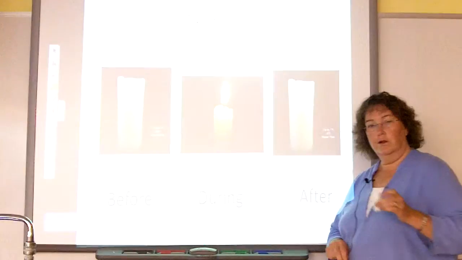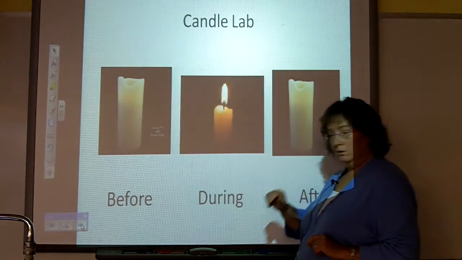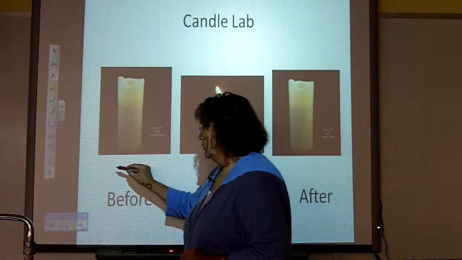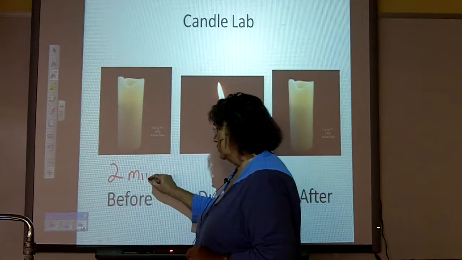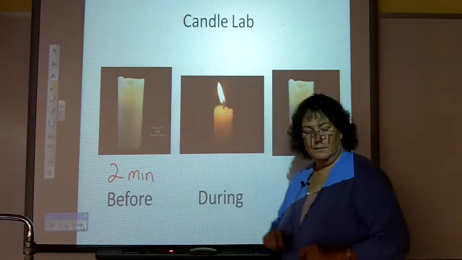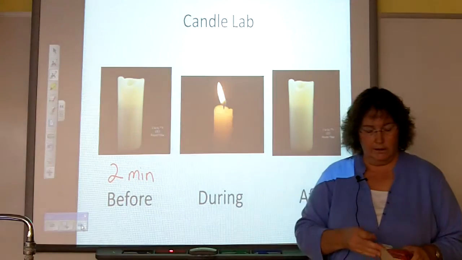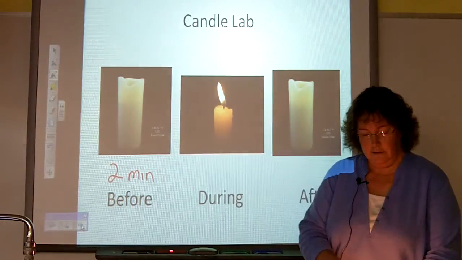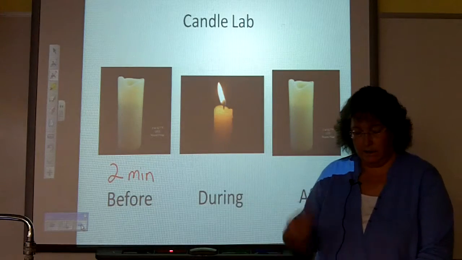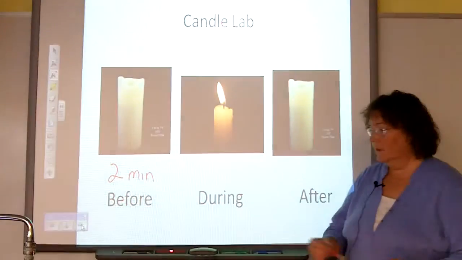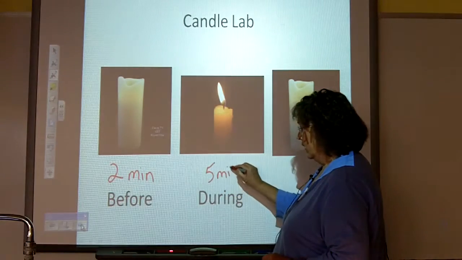You're going to take your candle and make observations before you light that candle. So I want 2 minutes of observations before lighting. After 2 minutes, then take that candle and light it. And while it is lit, make observations for 5 more minutes.